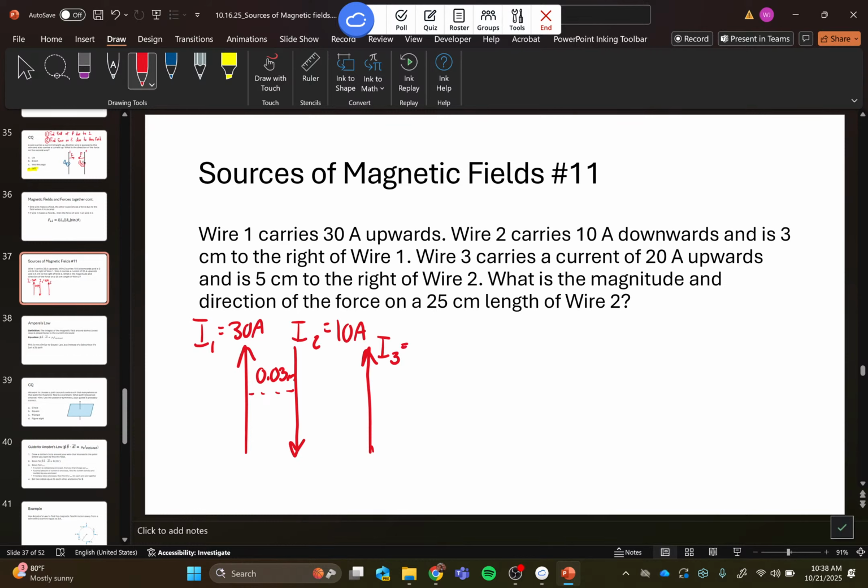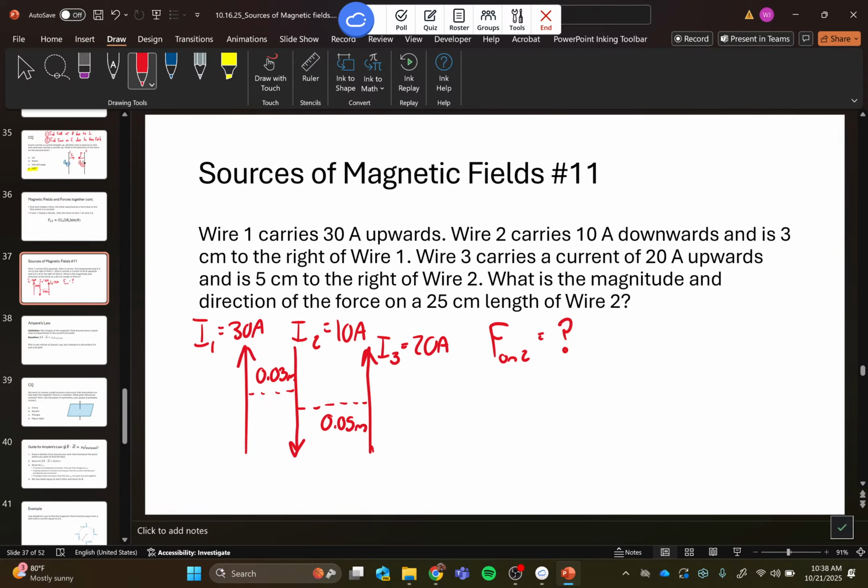That's wire 3, carrying a current of 20 amps, and that is 0.05 meters from wire 2. And the question is, what is the magnitude and direction of the force on a 25 centimeter length of wire 2? So it's asking for the force on wire 2, specifically a segment of wire 2 that is 25 centimeters in length. So F on 2 equals question mark.